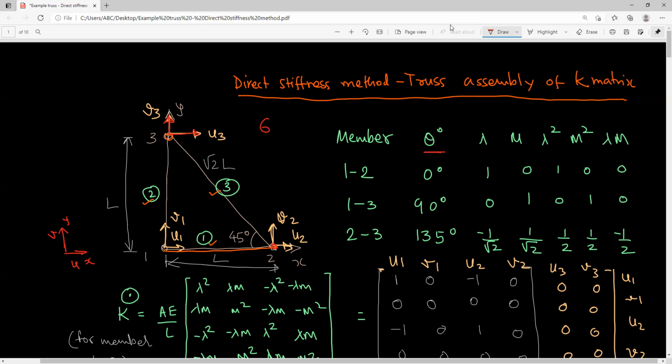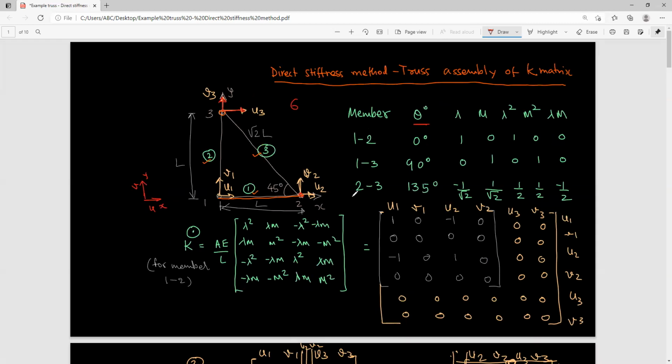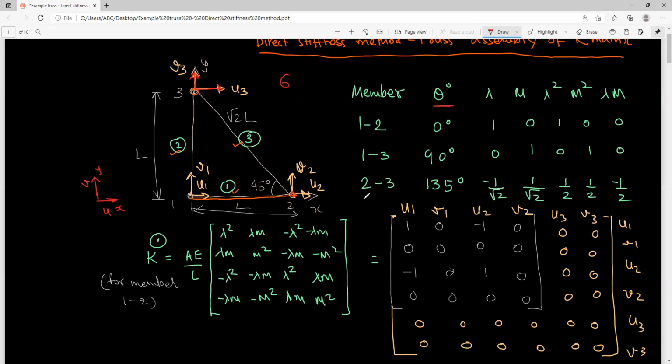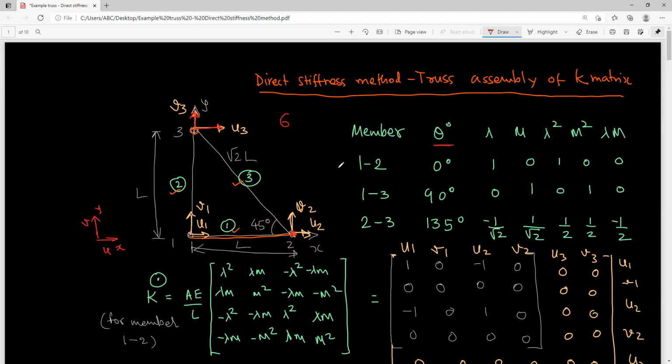As we have seen in our previous classes, we have to measure the angle in the counterclockwise direction from the positive x-axis. For example, member 1-2 is along the x-axis and directed in the x direction, so there is no orientation, theta is 0.